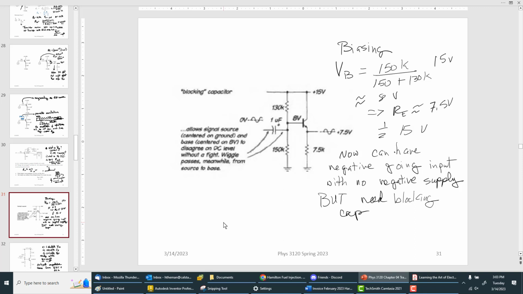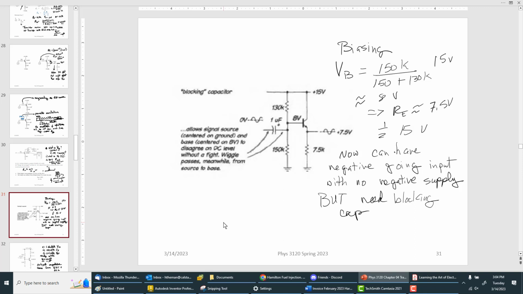So we can see then the voltage at the base is going to equal the lower resistor, 150K, divided by 150 plus 130 times 15K, and that equals about 8 volts, which, by the way, is not halfway, because, of course, the output is going to be the input dropped by about 0.6 volts.